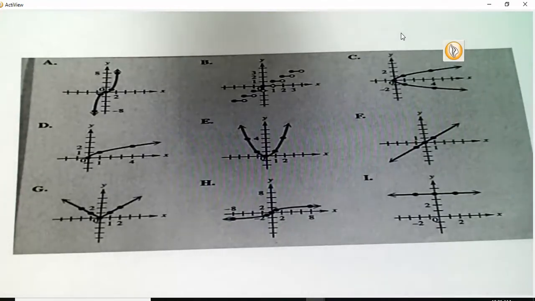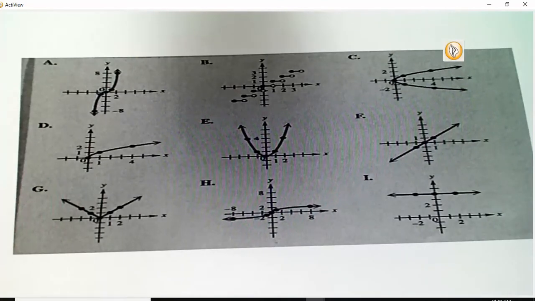G. Okay, what is the domain? Negative infinity, positive infinity. What is the range? Bracket 0 to infinity. If I asked you where this graph was decreasing, negative infinity to 0.